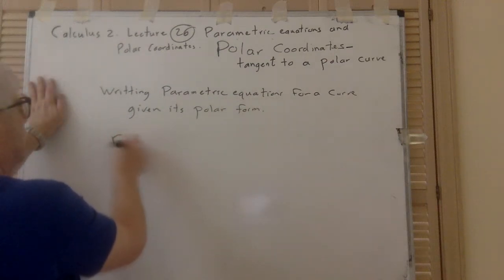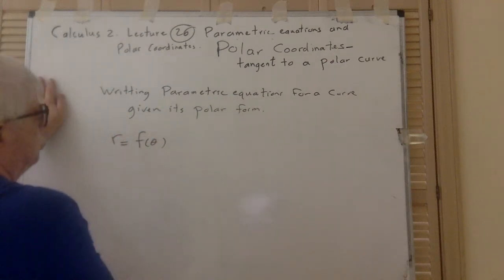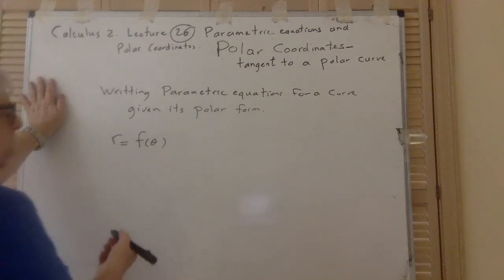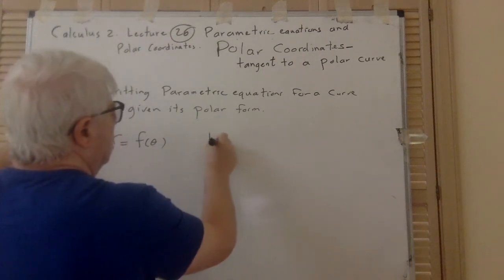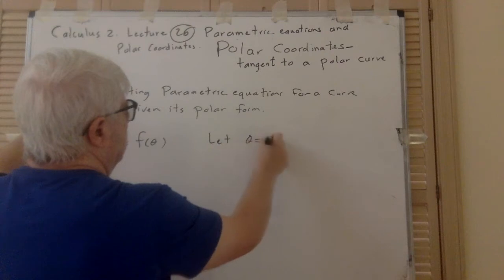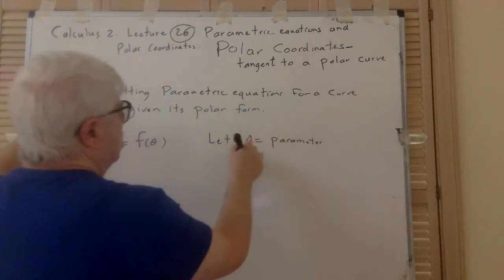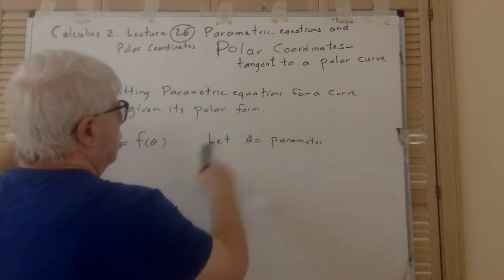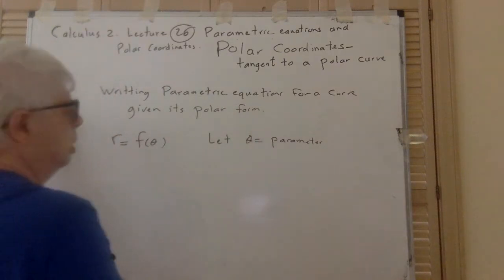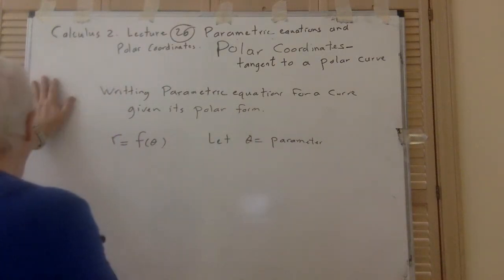So we are given r equals f(theta). Well, let theta be the parameter. The parameter doesn't have to be time, it can be anything. So let theta be the parameter.